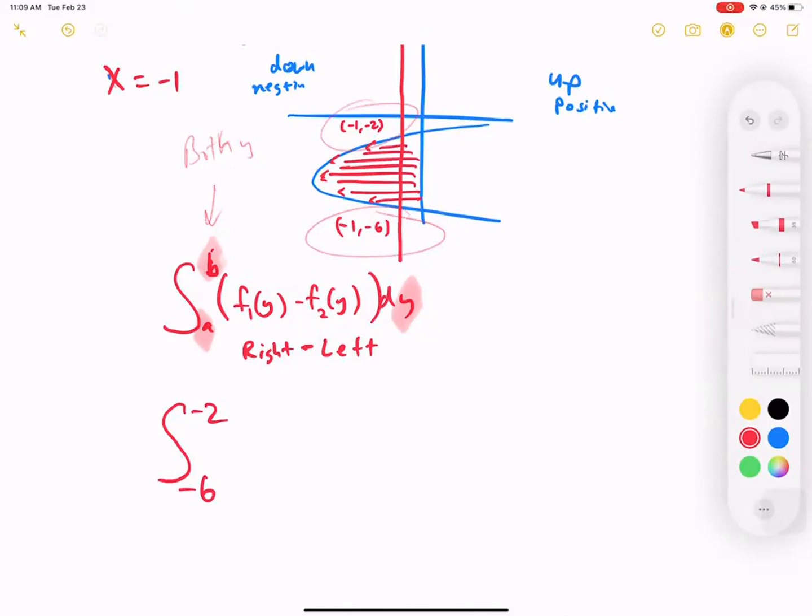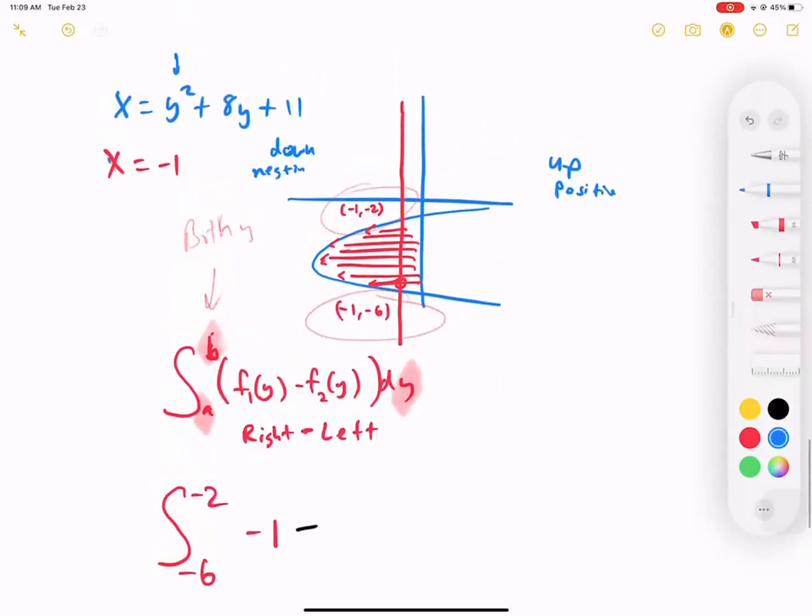And what are we subtracting? We're subtracting right to left. So the equation on the right is -1 minus y squared plus 8y plus 11. Give yourself nice parentheses, and then dy. So this is right equation minus left equation.